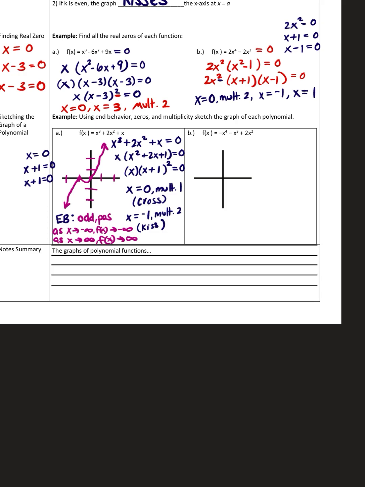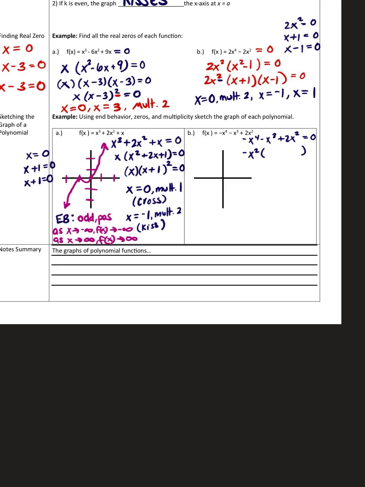All right, so I have f of x is equal to negative x to the power 4 minus x to the power 3 plus 2x squared. I'm going to set it equal to 0, and that's just something that I do out of habit. Then I have negative x squared, I can pull out of each of those terms.